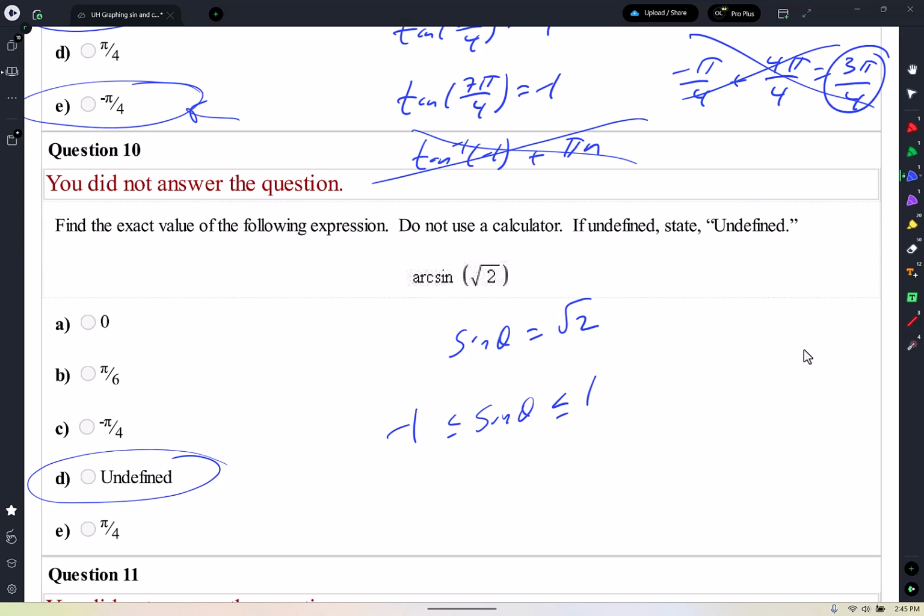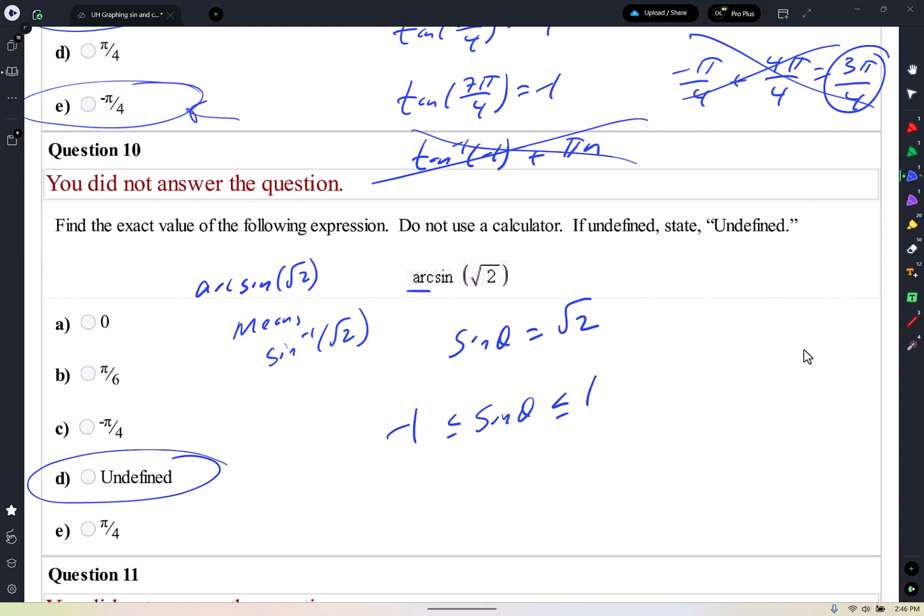It just means inverse. No. Arc cos, arc sine, it has to be a number between -1 and 1.